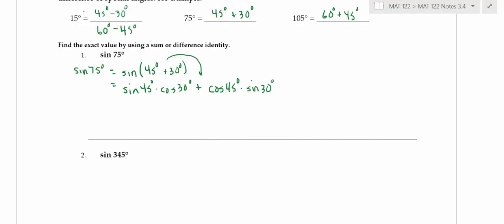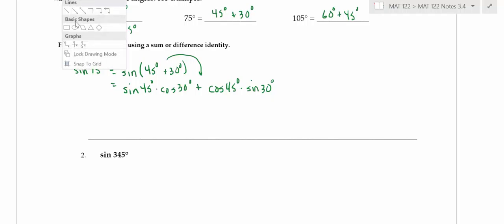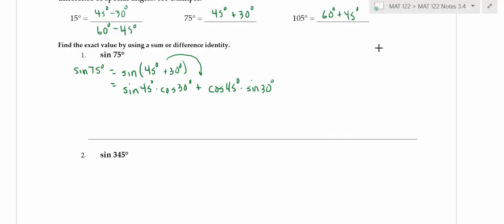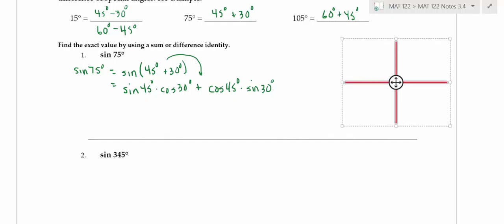Now we're going to work a little bit with a unit circle like we've been used to doing on these kind of problems. So I'm just going to make a coordinate system here. And we've got a 30 degree angle we need to worry about, and we need a 45 degree angle. So on the unit circle, the 30 degree angle has a point square root of 3 over 2, comma 1/2.